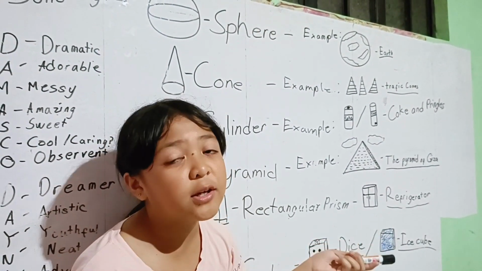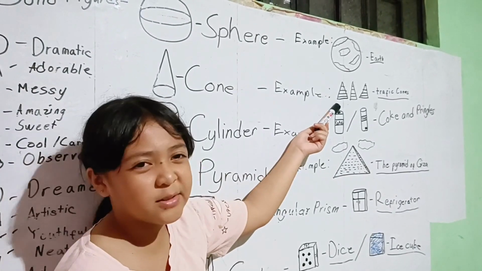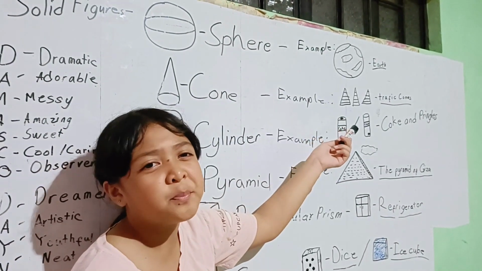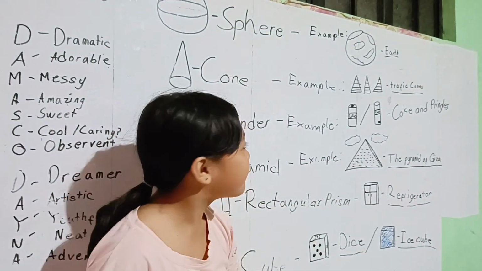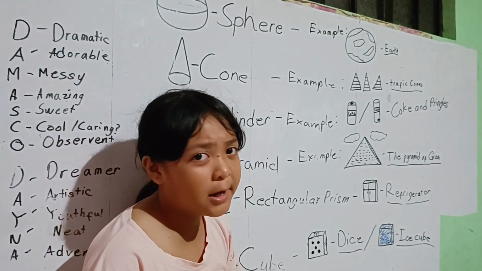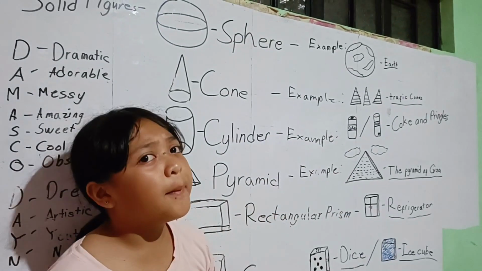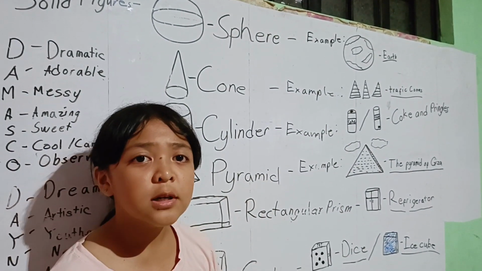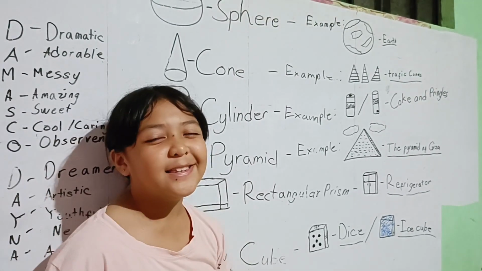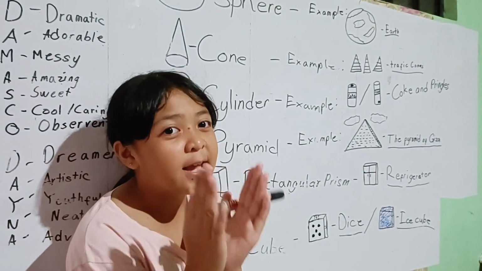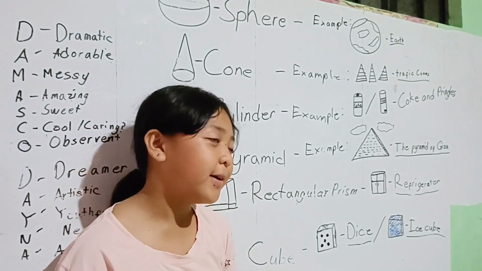I haven't colored it; it's supposed to be orange and white. Another example is an ice cream cone: the holder of the ice cream is actually a cone. That's why it's called an ice cream cone.